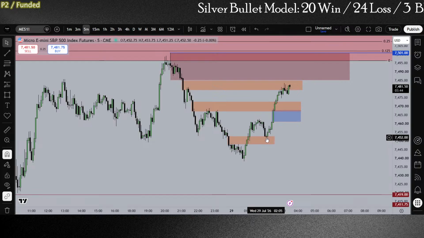Inversion. Beautiful entry. Beautiful run on the buy side. And that in itself was the model that I'm looking for generally. But in this case, it happened to deliver 1 hour earlier than my operating hours.